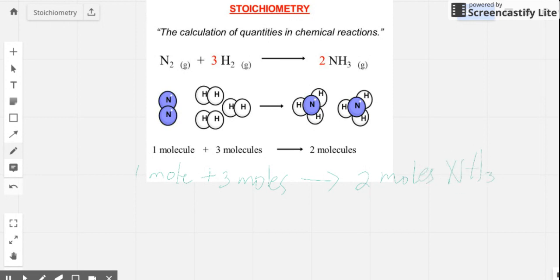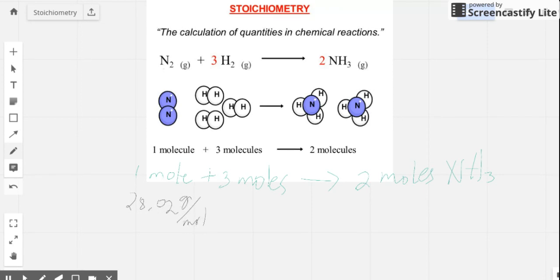Now, if I have this, it will be clear that if I need 1 mole of N2, all I need to do is get the mass of 1 mole of N2 gas. 1 mole of N2, so that means 2 times the mass of nitrogen will give you 28.02 grams per mole.